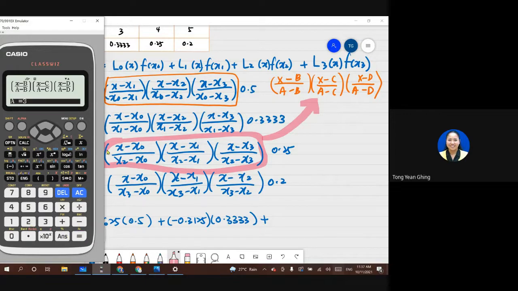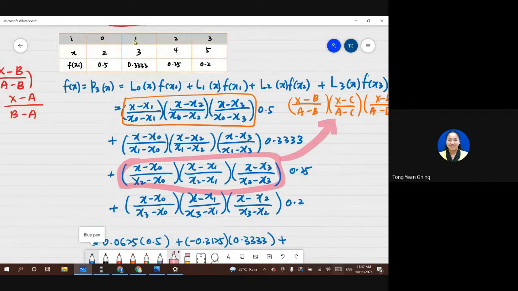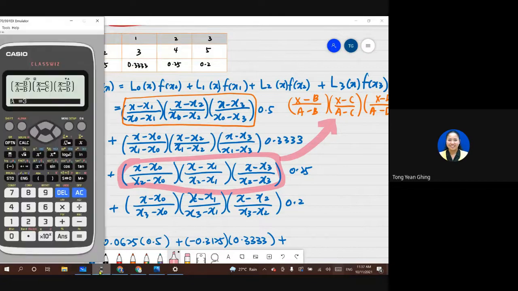And then a here, a is x2. So x2 is 4. c here, x1. So x1 is 3.